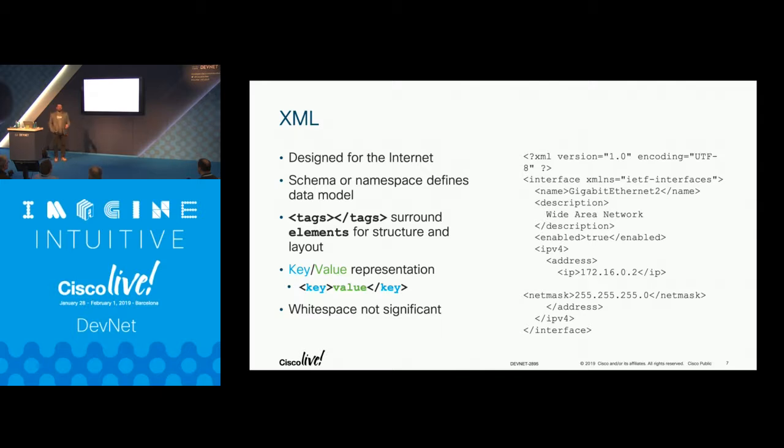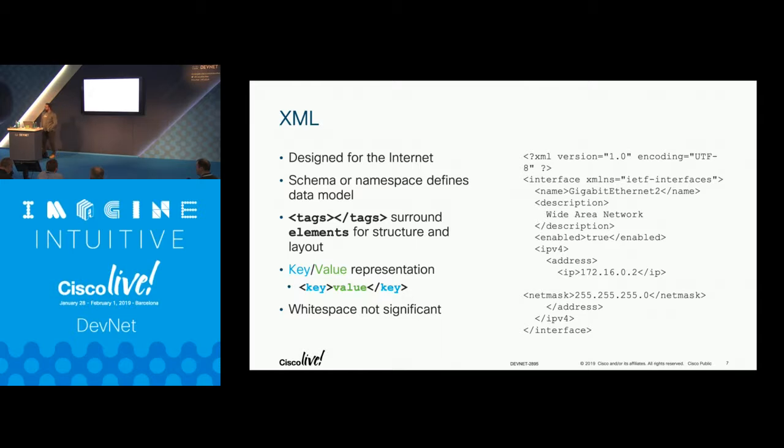It was designed to help transport data across HTTP, and it's used by defining a schema or namespace for that particular XML file. For those of you who may have used the SOAP protocol in the past, you probably became very familiar with XML, almost nauseatingly familiar with XML at that point in time.